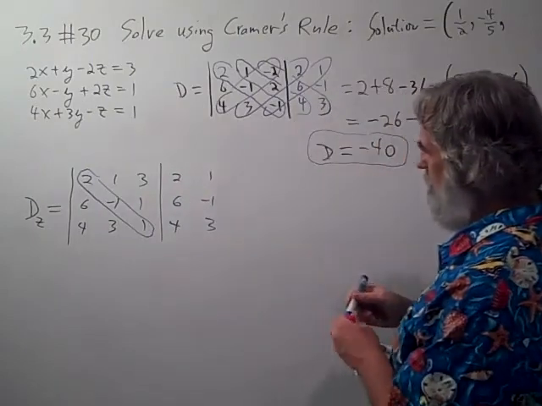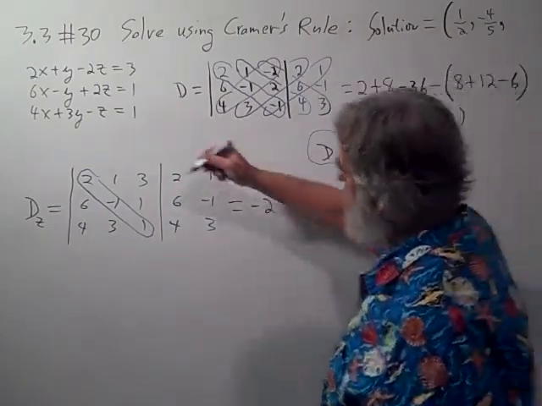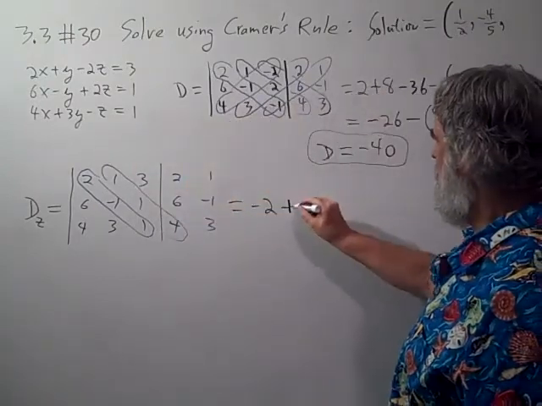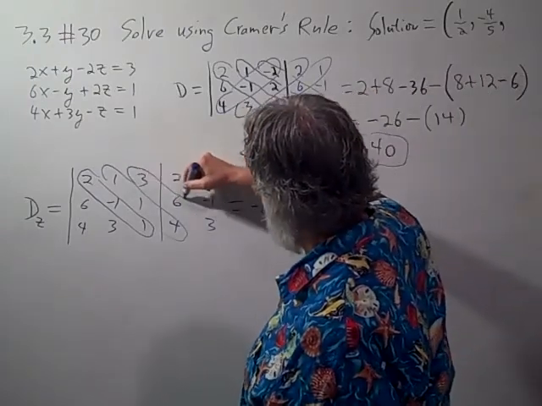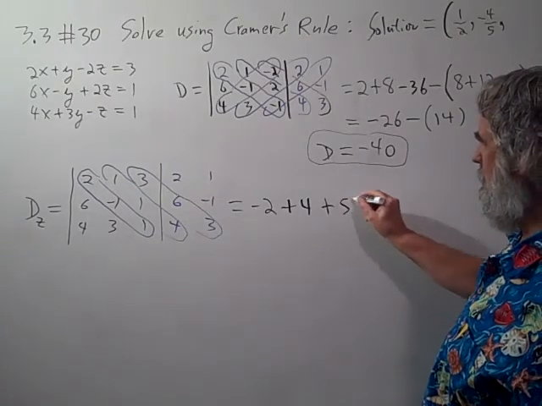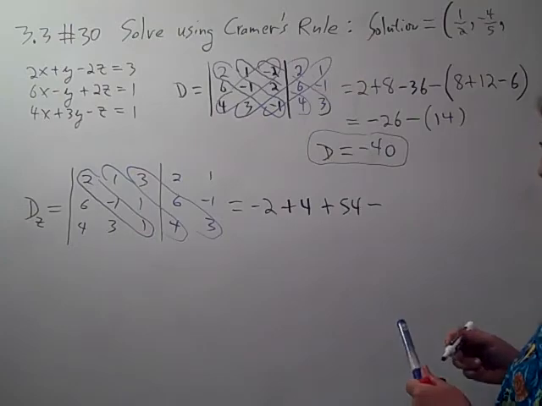2 times negative 1 times 1 is negative 2. 1 times 1 times 4 is 4. And 3 times 6 times 3 is 54. Then we subtract the product going the other way.